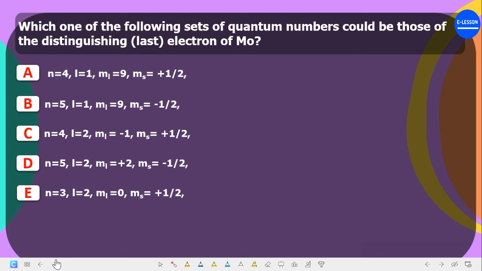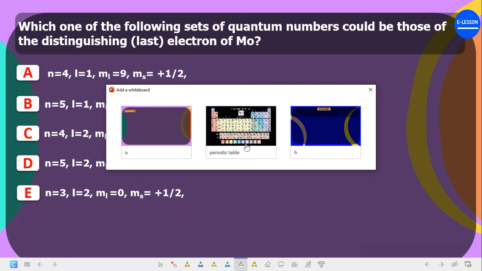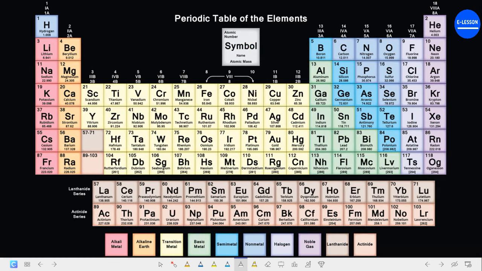Which of the following sets of quantum numbers could be those of the distinguishing last electron of molybdenum? Now let us go to molybdenum and then predict the last electron. Molybdenum has atomic number of what? Let's go and look for it.